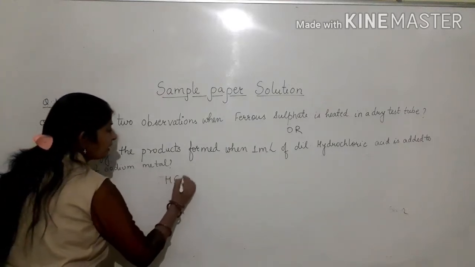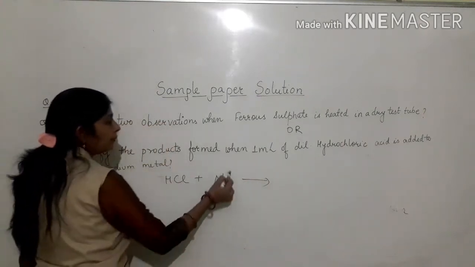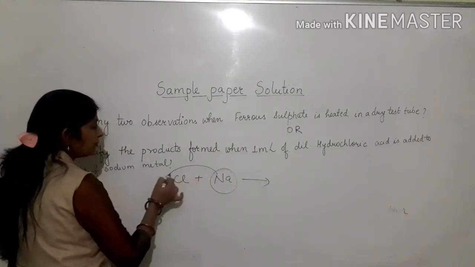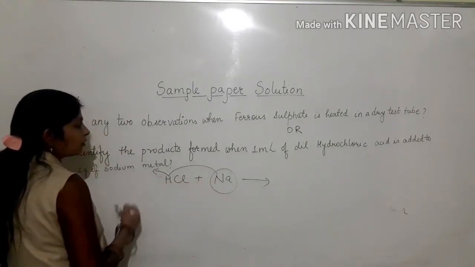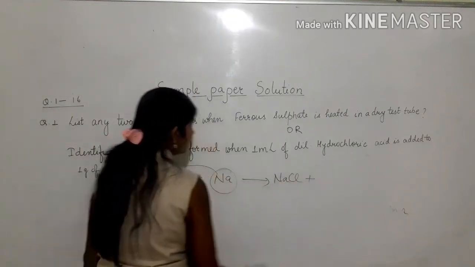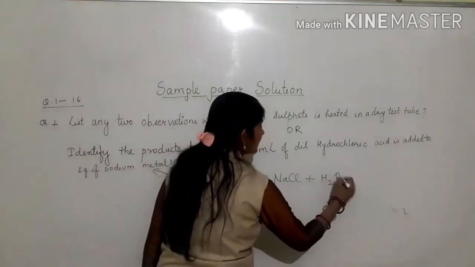So when hydrochloric acid reacts with sodium metal, then being more reactive than hydrogen, sodium displaces hydrogen from hydrochloric acid and forms sodium chloride, plus this hydrogen is evolved in the form of gas.